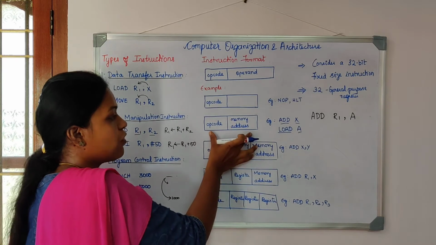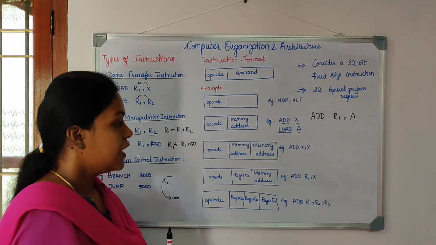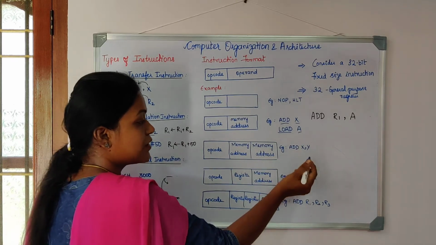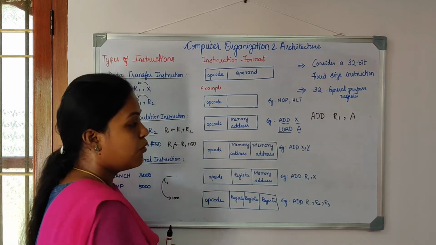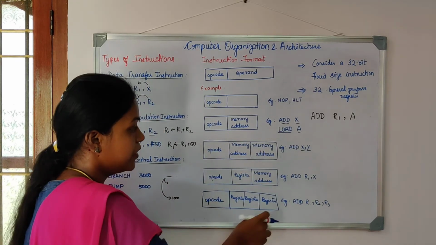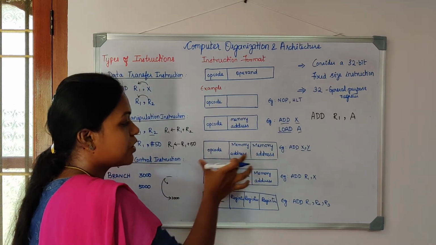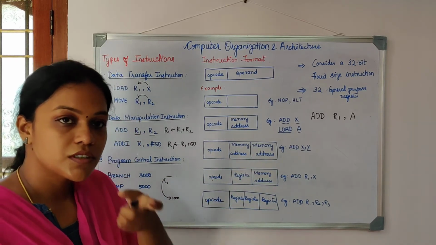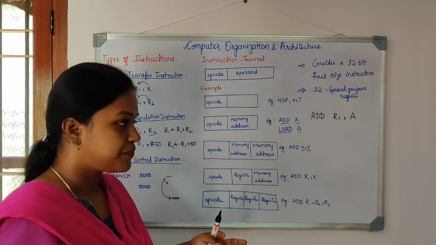So this is the format for these instructions. And moving on, we have the 2 address instruction. In the 2 address instruction, both are memory addresses. Both are locations in main memory, X and Y. So in that case, this is how your instruction will look: opcode, memory address, and memory address.